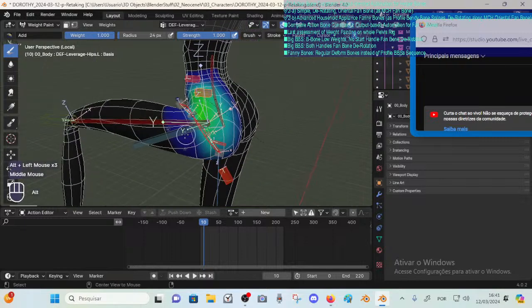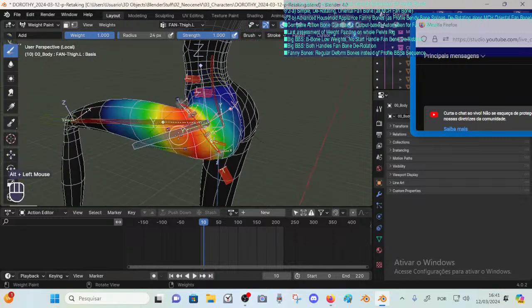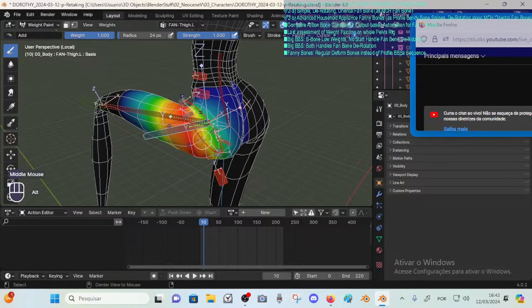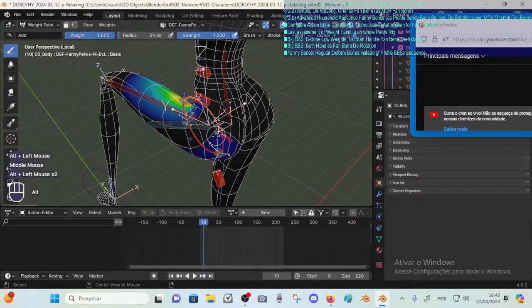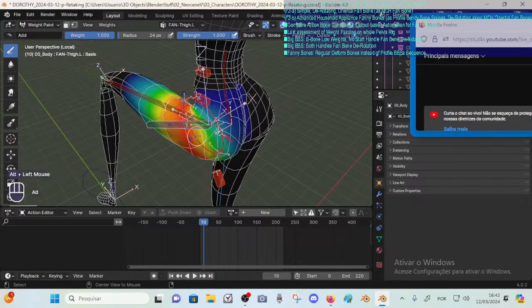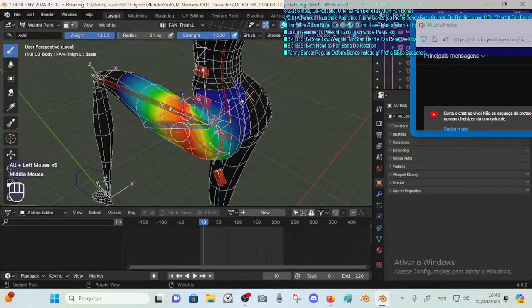So they are doing what the fan bone mechanism is doing, so they are derotating. Instead of having one weight paint for everything, I have multiple weight paints that combine into the weight painted mesh to form this combination of weights.